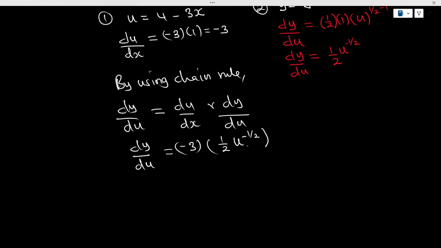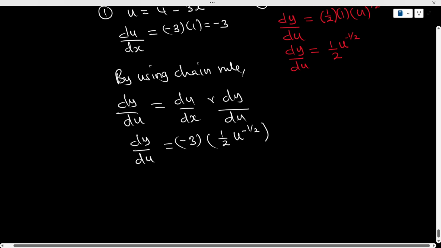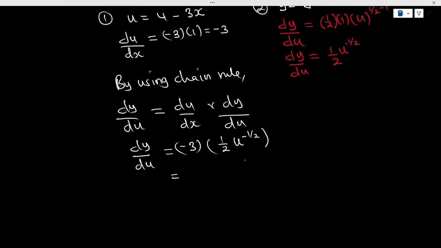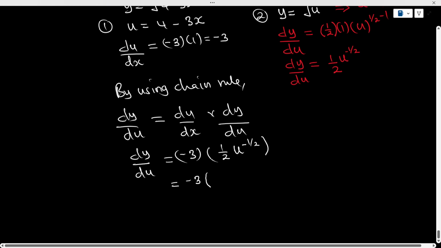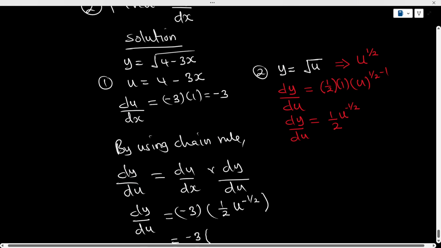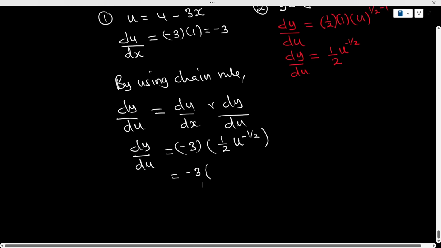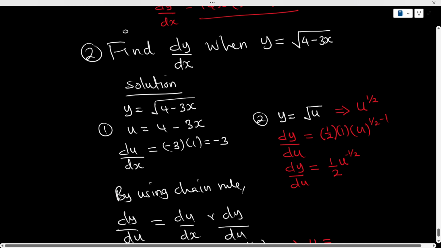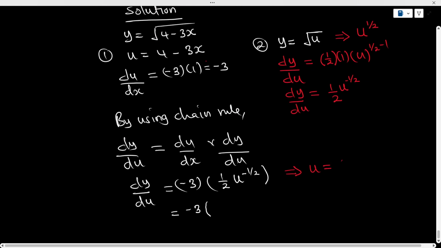The next step is to replace u with the value that we set it equal to in the beginning. In the beginning we said u equals 4 minus 3x.